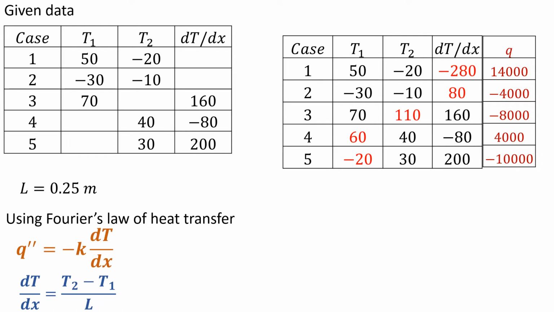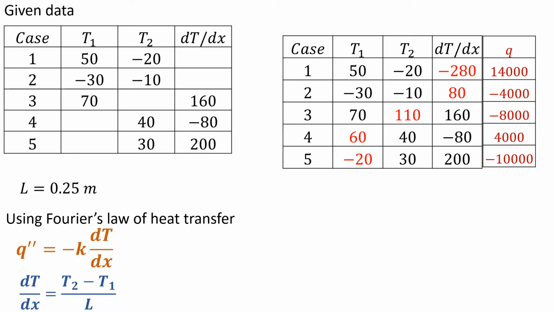But in the second case, we have assumed that heat is transferring from T1 to T2, but in actual T1 is smaller than T2. Minus 30 degrees centigrade is a lower temperature than minus 10 degrees centigrade. So our assumption is wrong here, and the negative sign in the answer shows that our assumption was wrong.